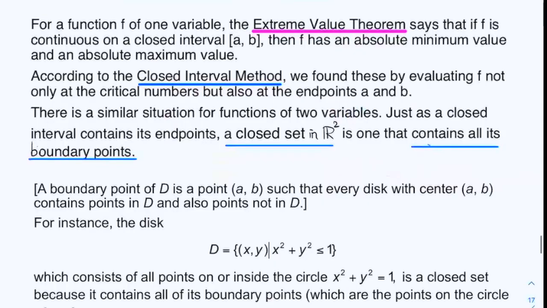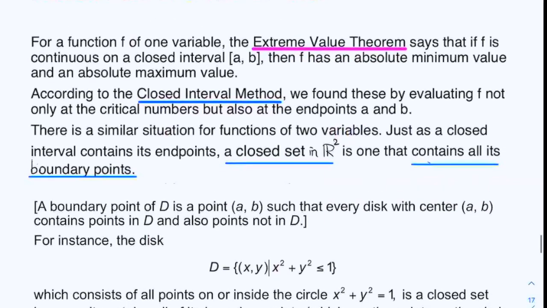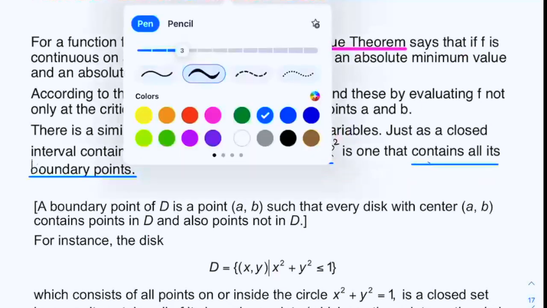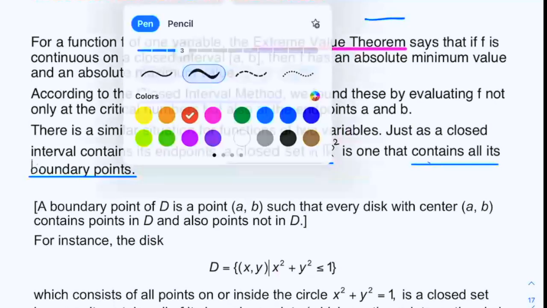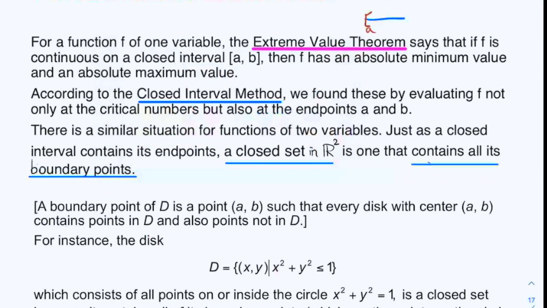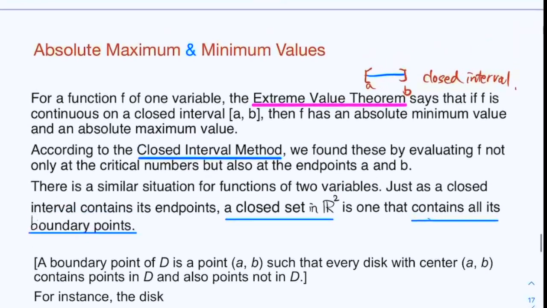Do you remember the extreme value theorem for a function of one variable? What does it say? It says that if a function is continuous on a closed interval, let's think about this one. You have a closed interval, a to b, and the function is continuous on this closed interval.